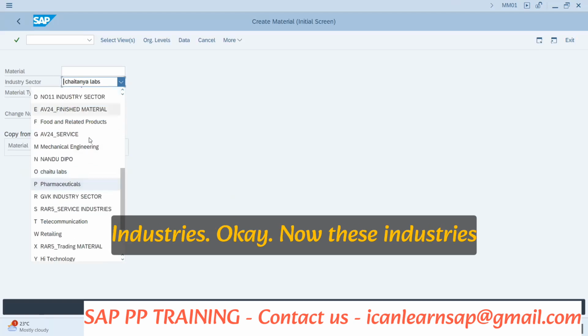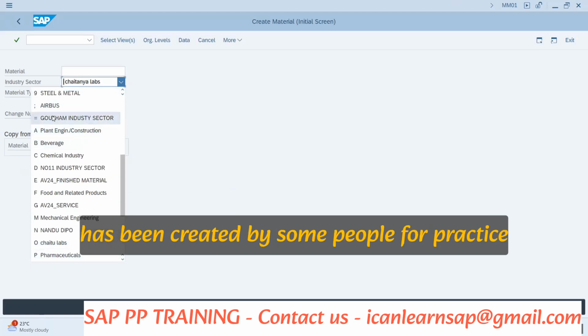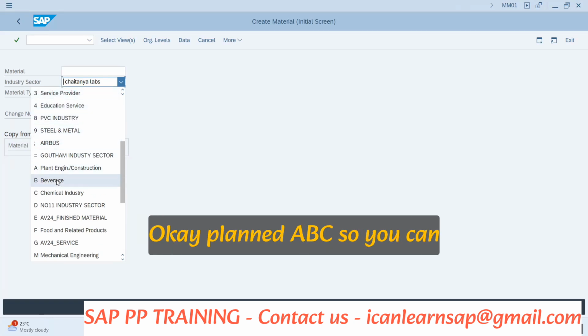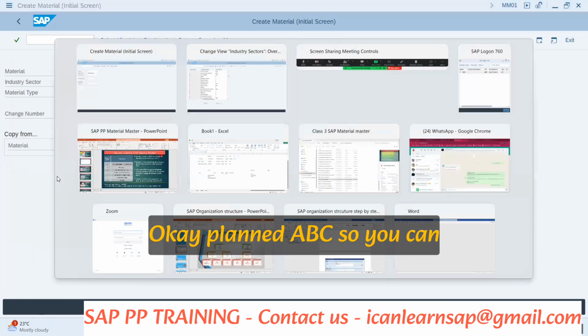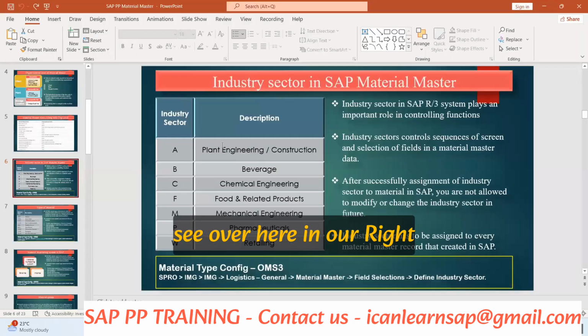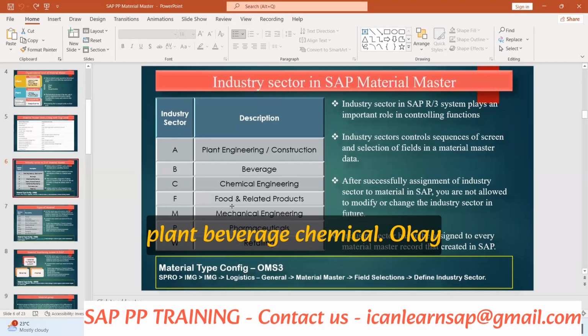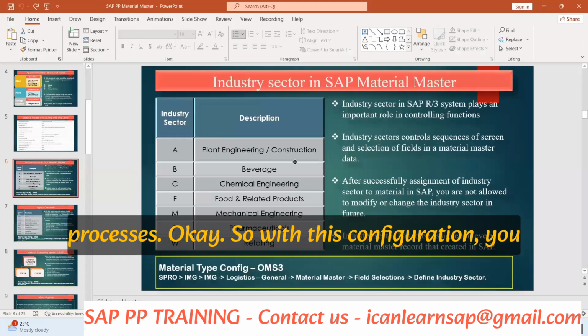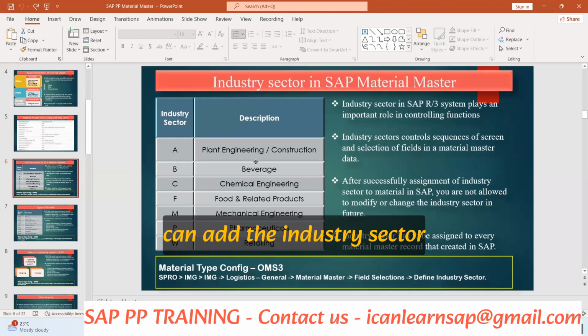Now, these industries have been created by some people for practice purposes, Gautam Industry, Airbus. These are not standard. Plant ABC. You can see over here on our side: plant, beverage, chemical, food, mechanical, pharmaceutical, retailing. These are some of the standard business processes. So with this configuration, you can add the industry sector.